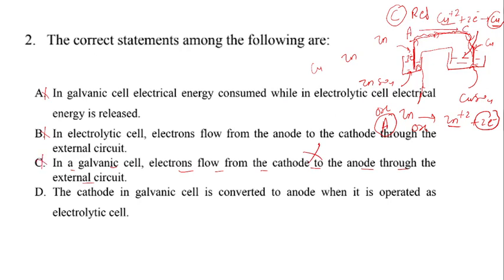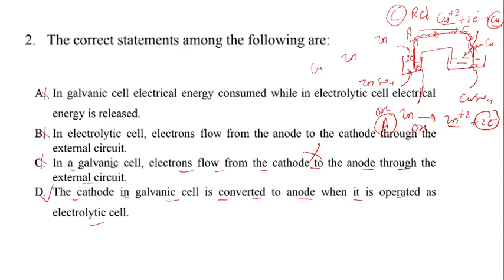If you are not able to understand or you have any doubt, you can message me or ask directly by unmuting your microphone. Then finally, option D: the cathode in a galvanic cell is converted to anode when it is operated as an electrolytic cell.